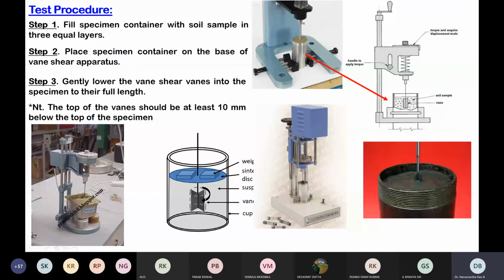As you can see in this picture, this is the spring and this is the rotating spindle. When you rotate this spindle, it initially triggers this spring, and from there it transfers the applied torque as a force to the Vane shear. That means the amount of applied load depends on the spring constant.